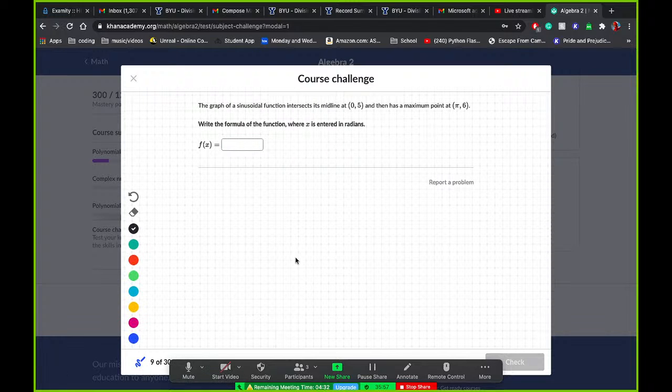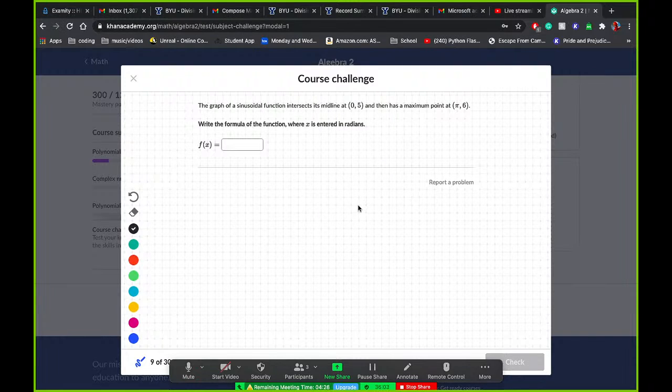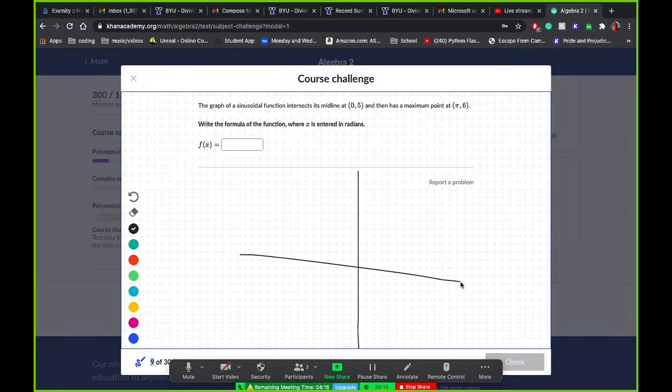Midline is (0, 5), then that means diameter. I don't understand your question. I don't understand how you find it because I don't know what a sine is. Okay, so a sinusoidal function is basically the function of sine.